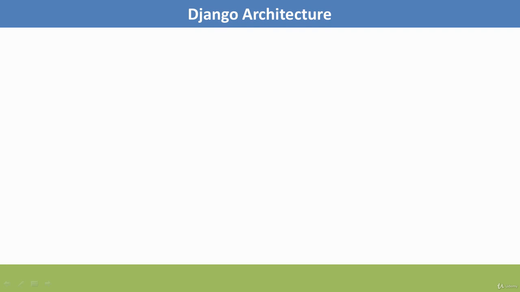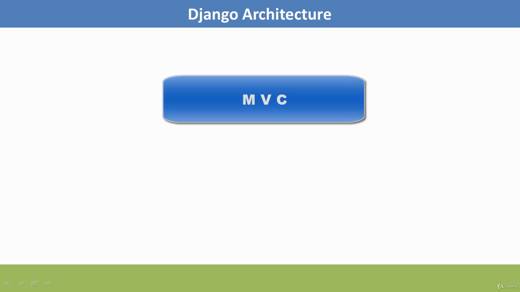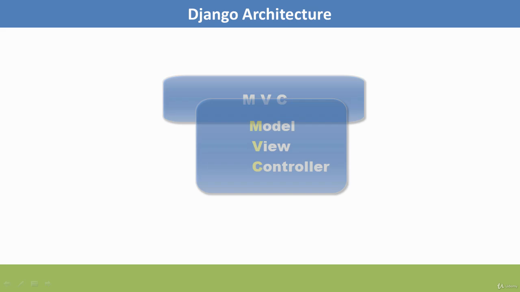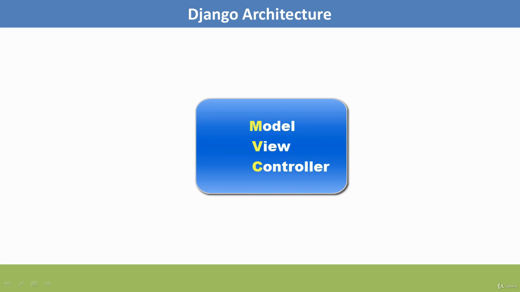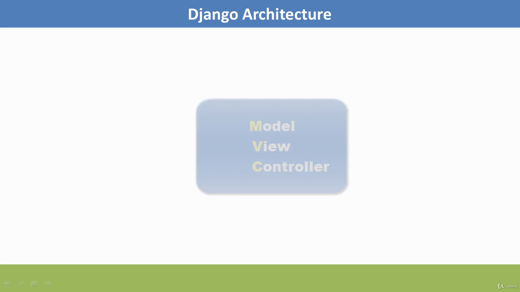In this lecture, we are going to be exploring the type of architecture that Django employs. Django uses an MVC type of architecture. MVC stands for Model, View, Controller.